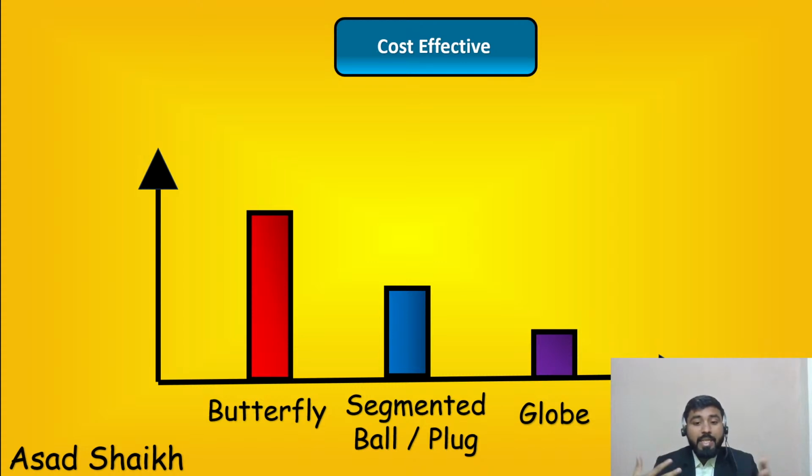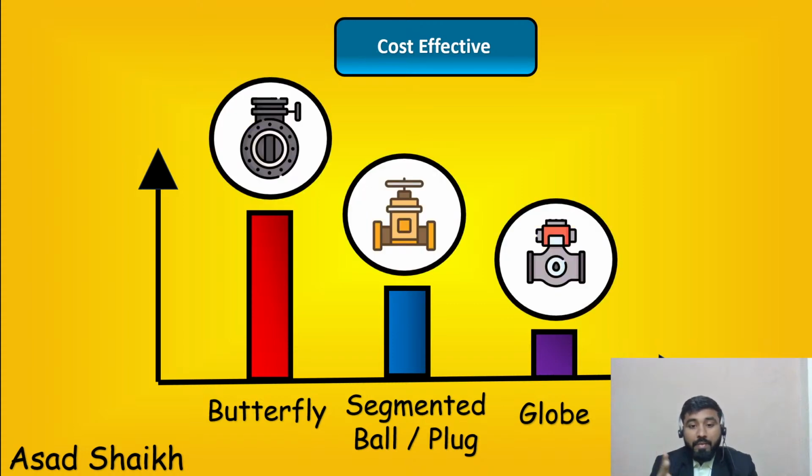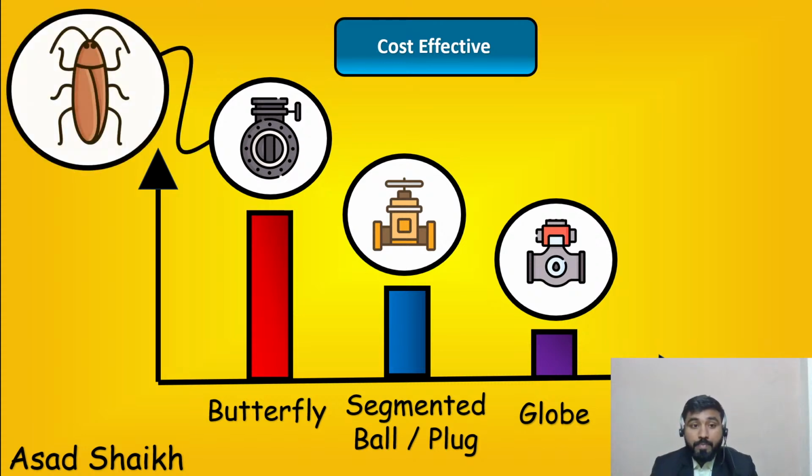Then come segmented ball or plug valves, and the globe valve, with its complex flow path design, is very difficult to manufacture cheaply. So butterfly first, then segmented ball and plug, and then the globe valve. But one more person gave a very important answer in the comments.